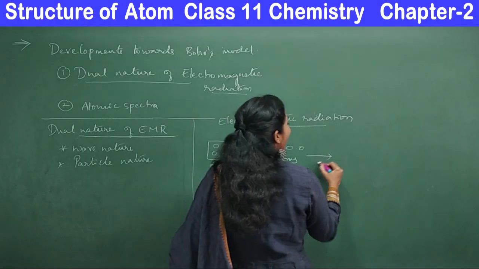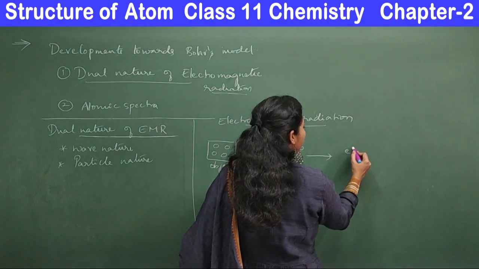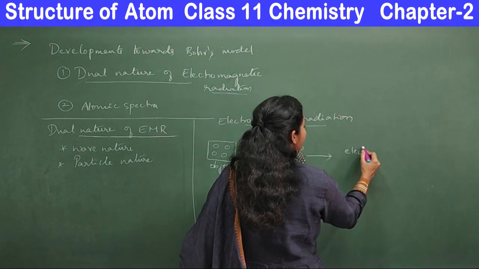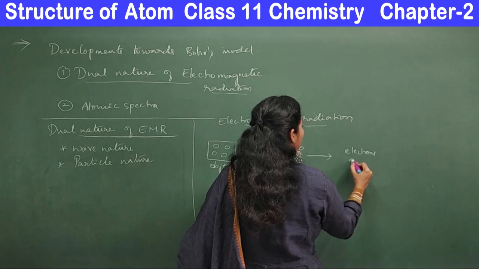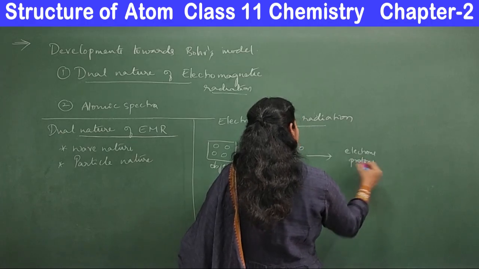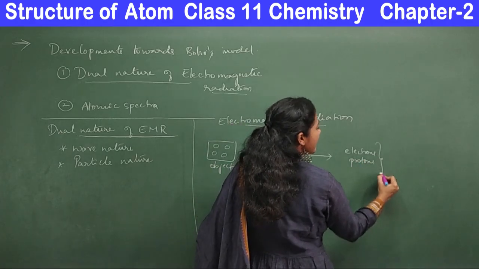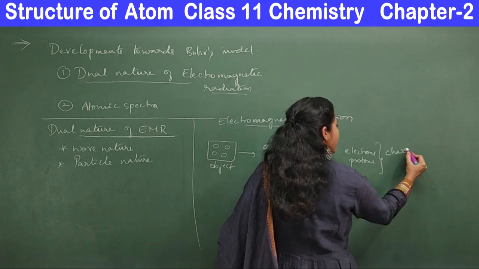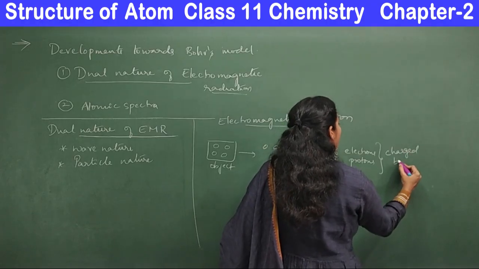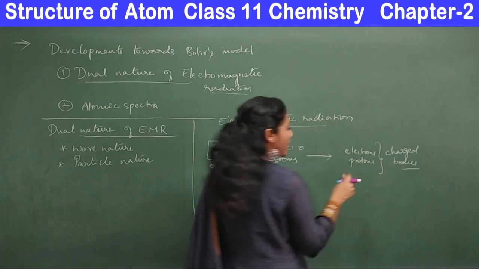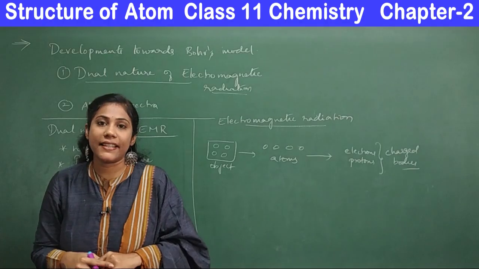And we all know atoms have electrons. So we have something called electrons and protons. And these electrons and protons are charged bodies, right? They are charged particles, I can say.